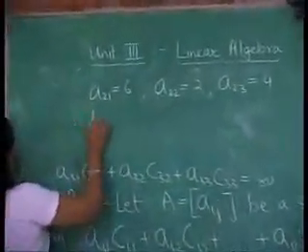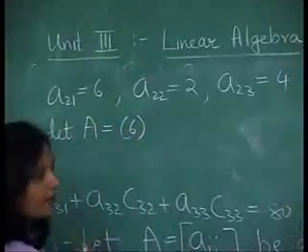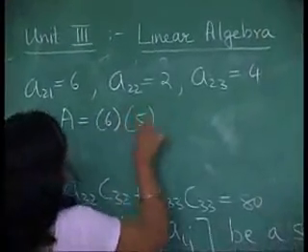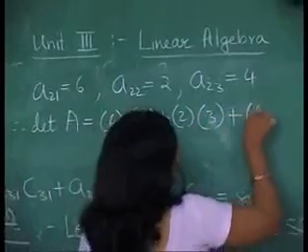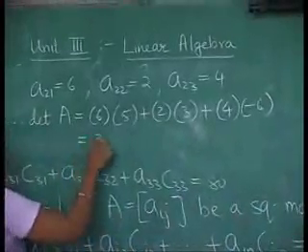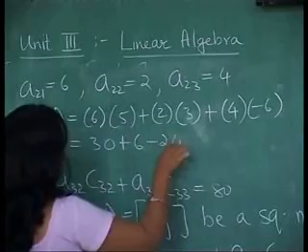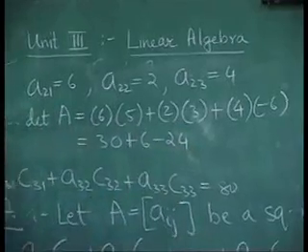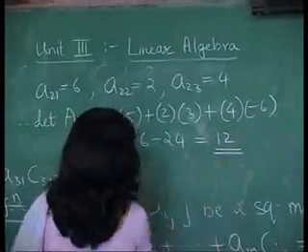So determinant of A is 6 into 5 plus 2 into 3 plus 4 into minus 6. This will work out to be 30 plus 6 minus 24. 30 minus 24 is 6, 6 plus 6 is 12. So the determinant of this matrix is 12.